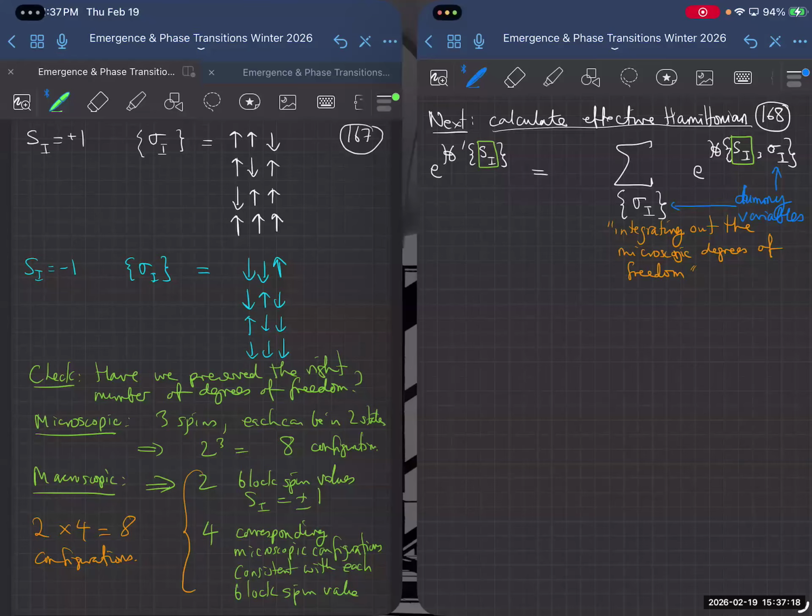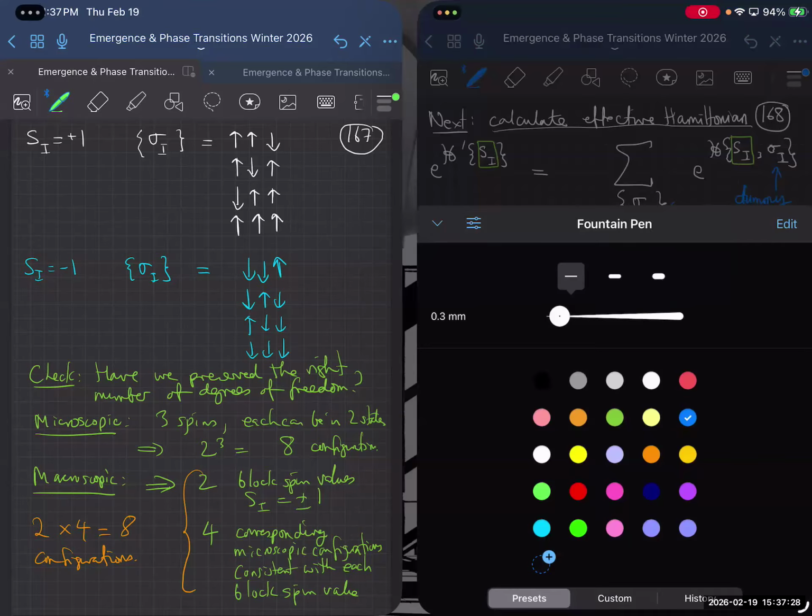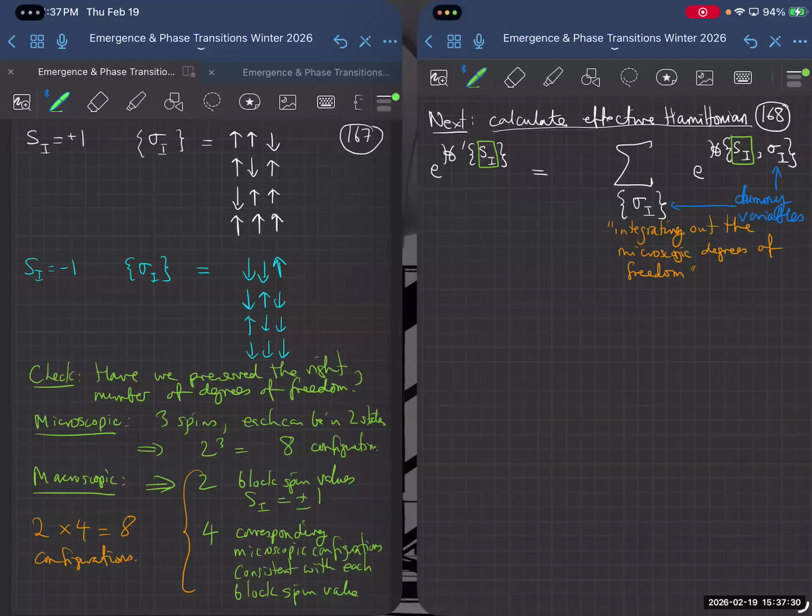And once I've done that sum, I now have left some quantity, which I'm calling e to the H prime, which will now just depend on the block spin variables. So this equation actually defines the effective Hamiltonian H prime.